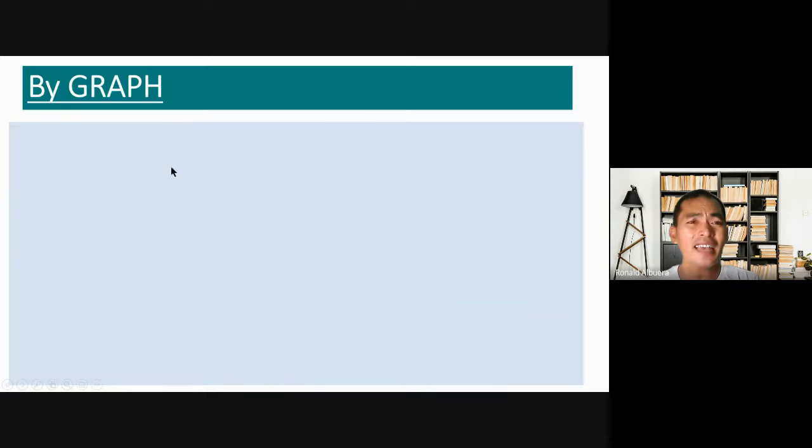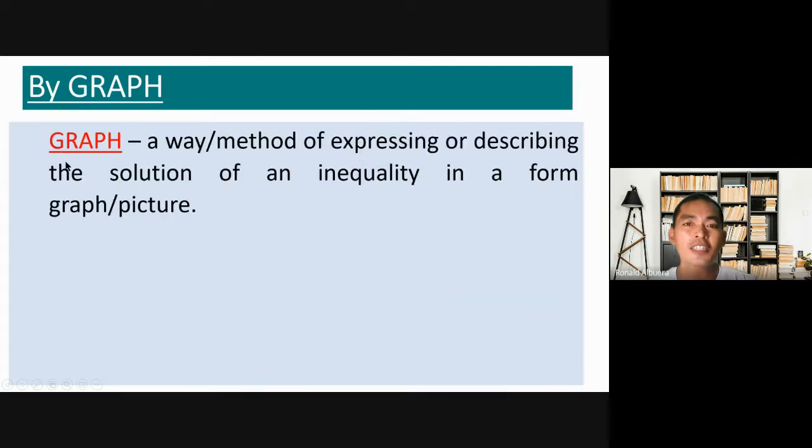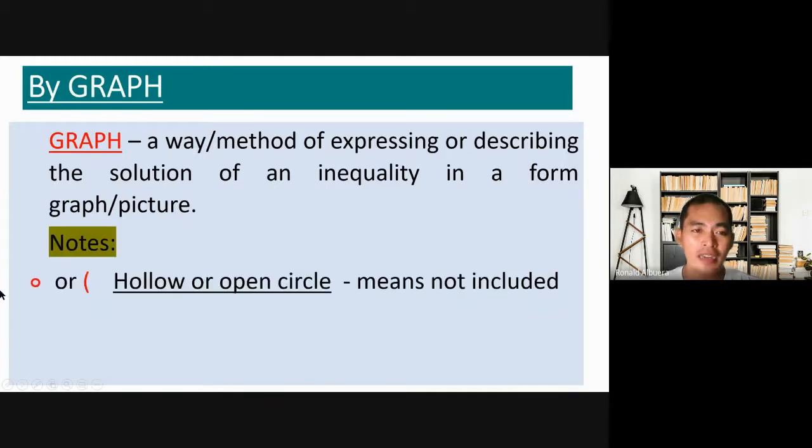Another way of describing the solution set is by means of a graph. So this is a way of expressing or describing the solution of an inequality in the form of a graph or picture. But take note, we have here, the first one is the hollow or open circle. It means that that value is not included.